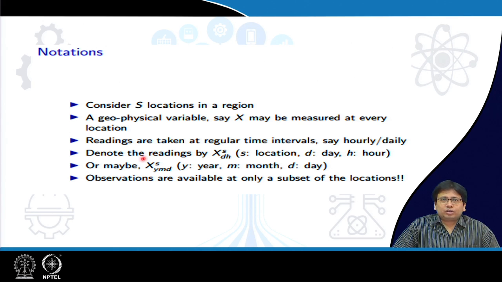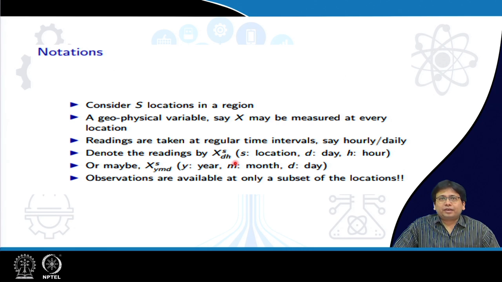So, let us denote these readings by x, s, dh. So, x denotes the variable, the superscript s denotes the location, and the subscripts dh denote the time point. In this case d stands for day and h stands for hour. This is assuming that we are measuring that variable at every hour of every day.